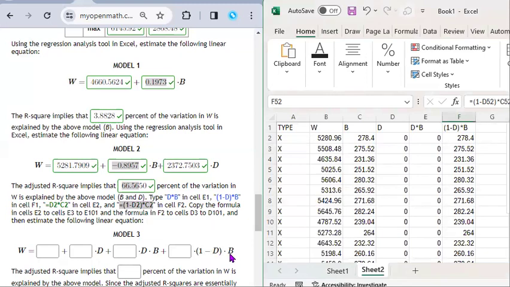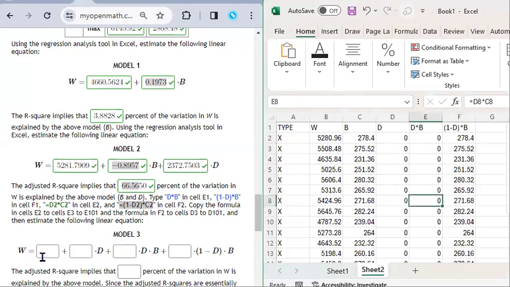So this model is going to generate two slopes. It's going to generate a slope for type X and Y employees for benefit levels. And it's going to generate a different slope for type Z employees, the high productivity employees.